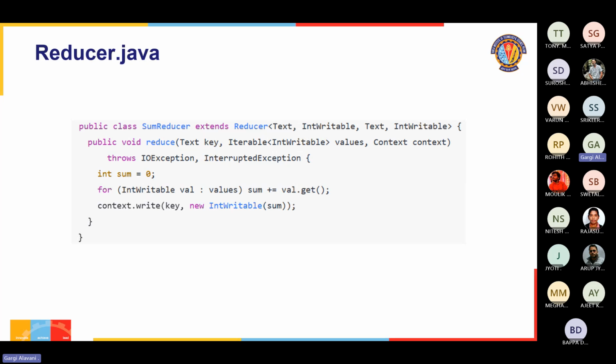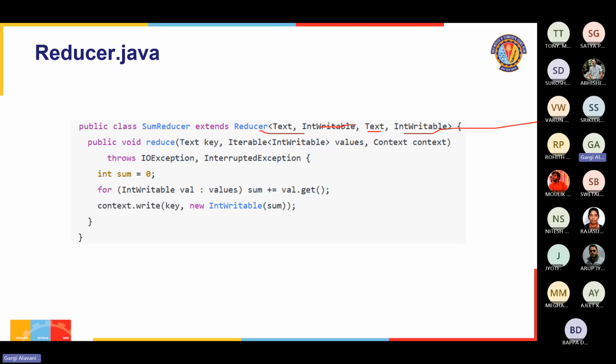Now the purpose of this reducer.java is to receive all the values for the same key and aggregate the values to produce a final output key value pair, and in word count it will sum up all the words, right? So here the extends reducer takes the input key type, which is text, list of values, which is IntWritable, and output again we expect it to be text and IntWritable.